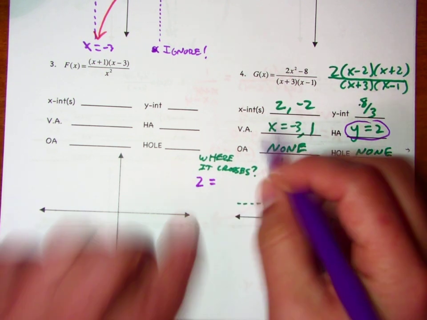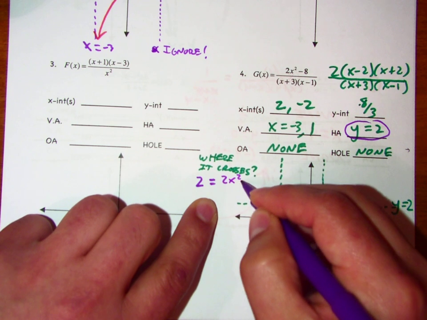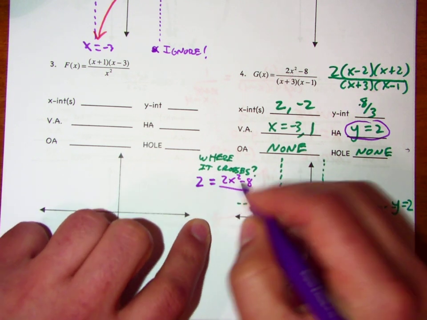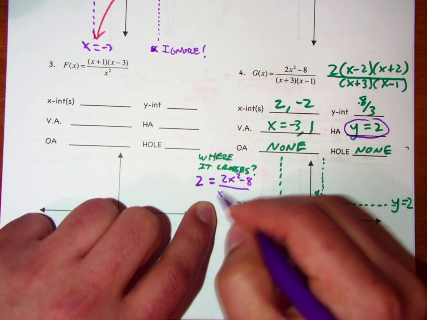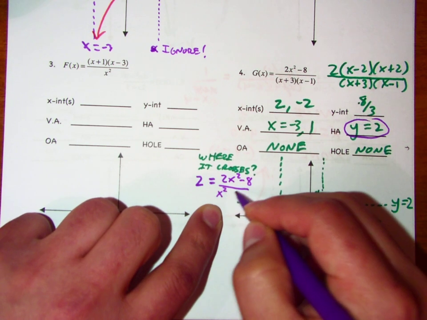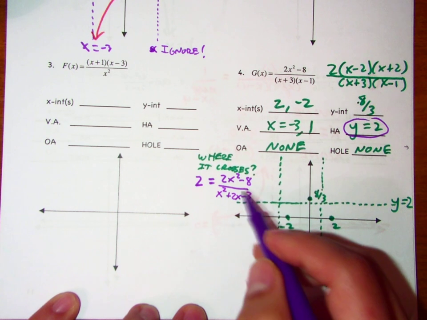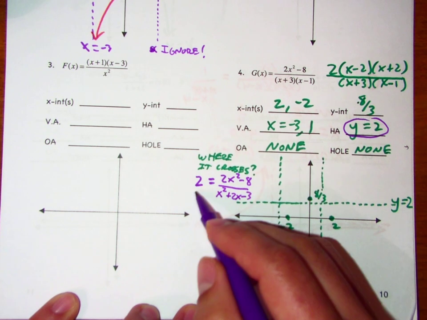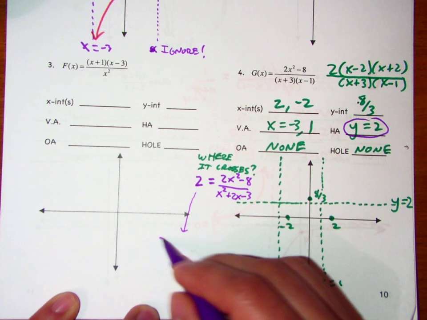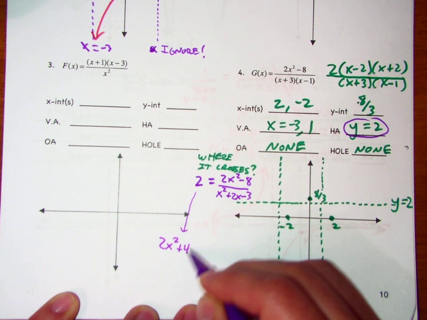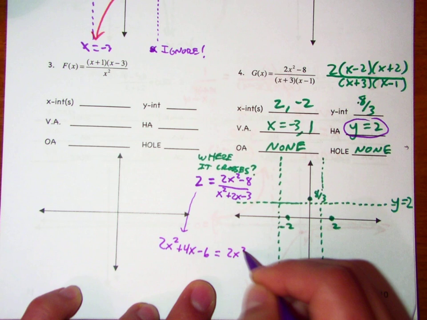So you plug 2 into y, and then you set it equal to your function, 2x squared minus 8 over, I'm going to go ahead and multiply this out, x squared plus 2x minus 3. Okay, so you're going to set those equal, and then you're going to solve. So first I would multiply by the denominator. You get 2x squared plus 4x minus 6, and that's going to equal 2x squared minus 8.